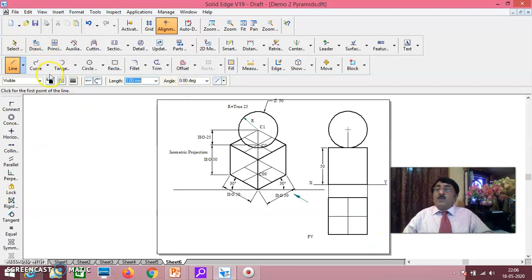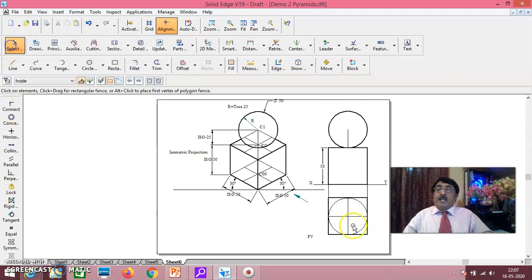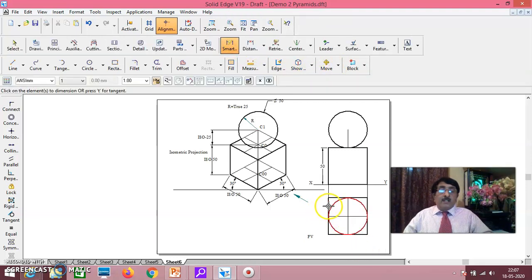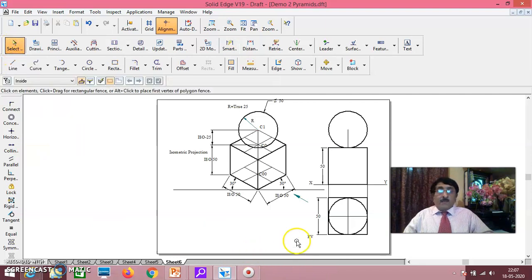Now a top view of this will be a circle with this center, no? You draw this one, and immediately you darken this to 0.5. As you know here, this diameter, this length anyway is 50 only. This will be the front view, this will be the top view.